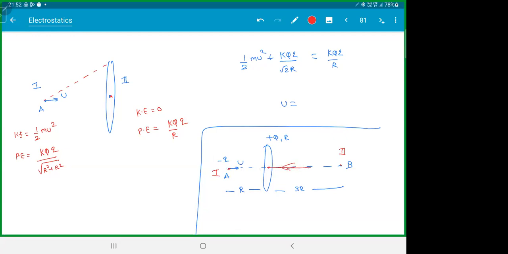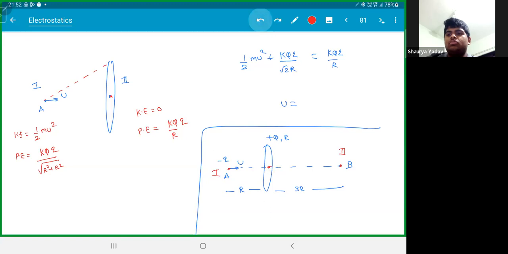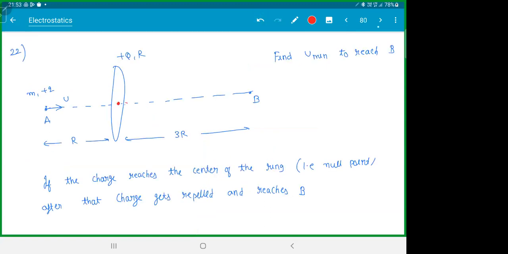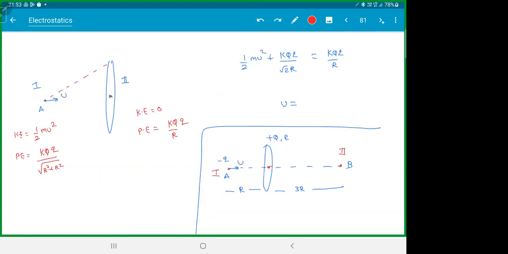You have to put effort to cross the center and go. So actually B will be the state 2 then. So be careful with this case. Anyway, Shaurya, it doesn't matter. You can take this also as state 1, but anyway AB is equal. Okay. All clear with this question?